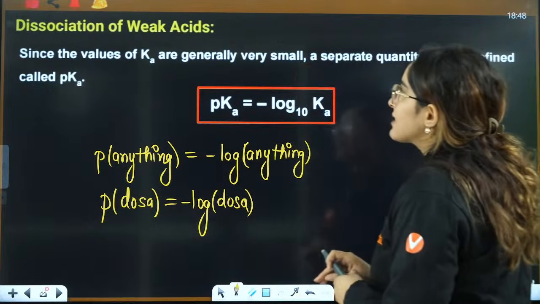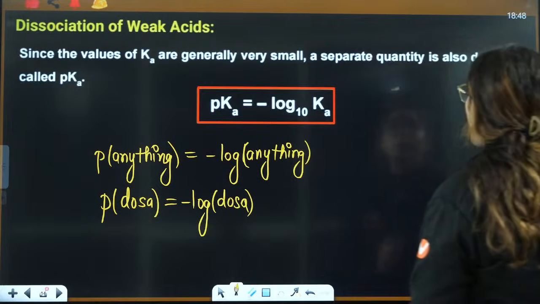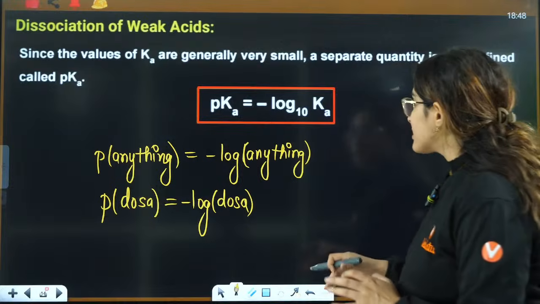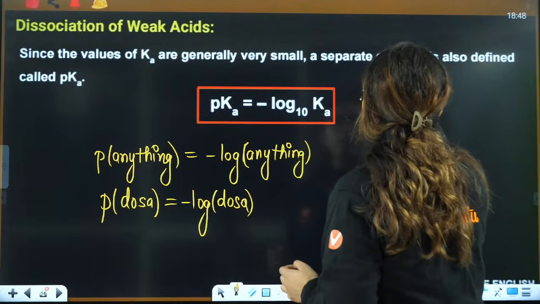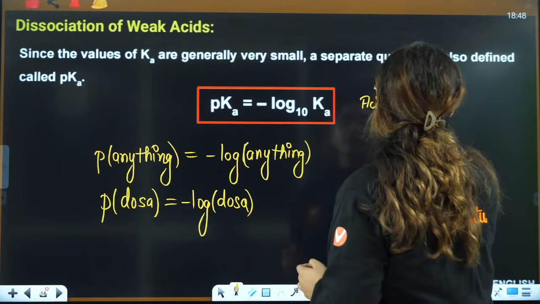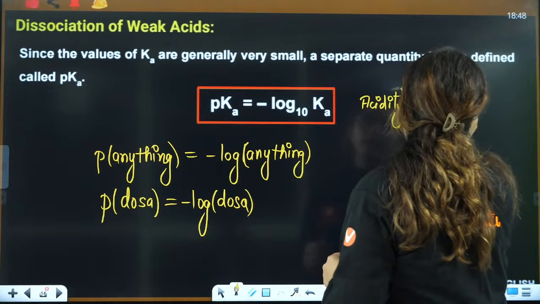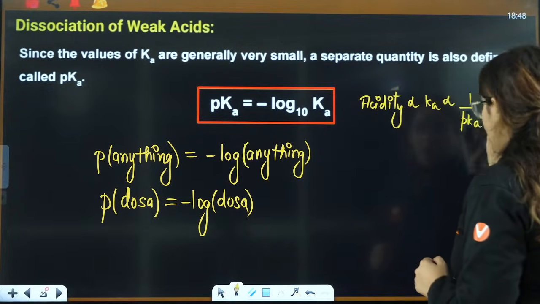Then we say that since the values of Ka are generally very small, a separate quantity is defined, that is pKa. Always remember that pKa, if you want to define the acidity, more is the acidity, more will be the value of Ka, and less will be the value of pKa, right?